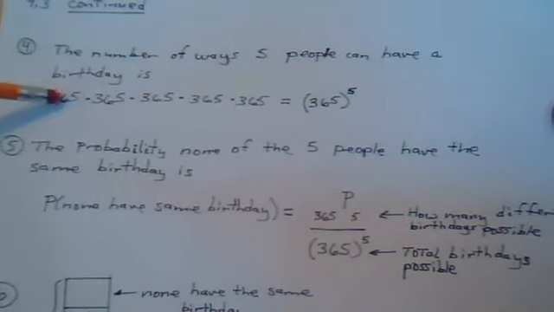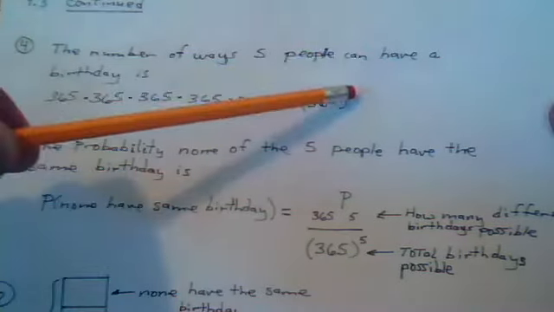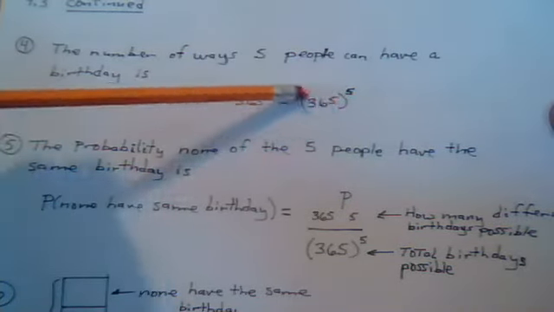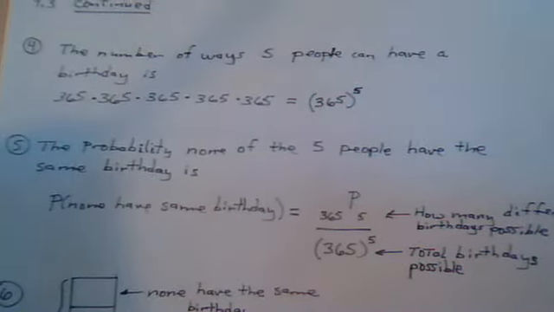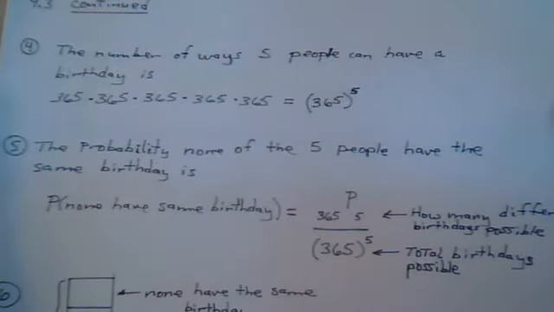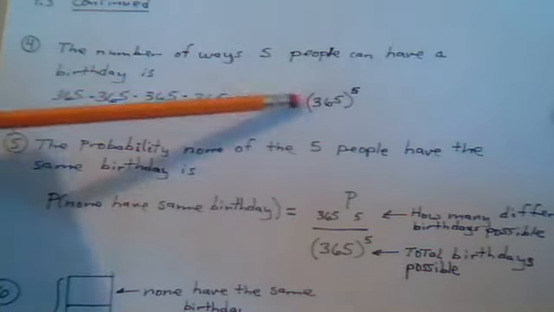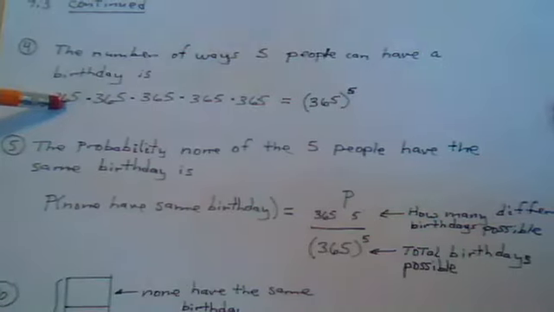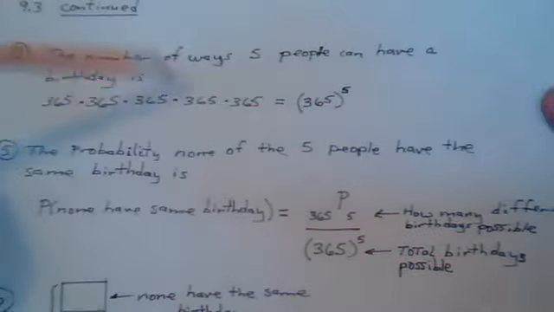Notice it's 365 to the 5th power. So this describes all the possible birthdays, repeated or not repeated. So this is the total number of possible birthdays 5 people can have.